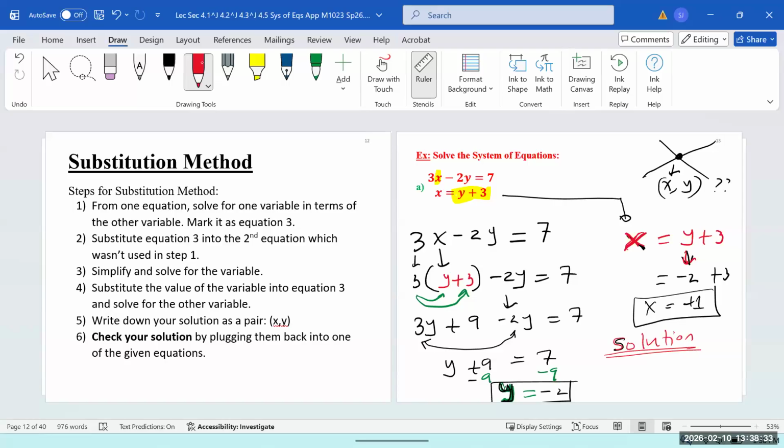So when you write the solution, you have to write it in point format. So x comma y, x value is 1, y is negative 2. So this is what you do. In the final exam, sometimes they ask for the x value, sometimes they ask for only the y value, sometimes they ask for both.